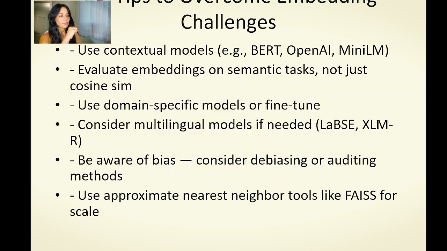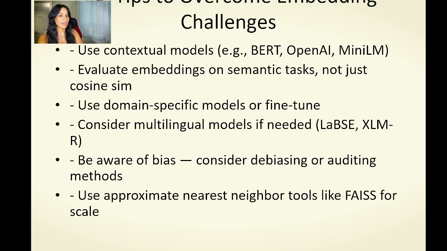One last tip I'm going to share, on how to overcome these challenges, is to use contextual models like BERT for sentence-level meaning. Evaluate on real tasks, not just cosine similarity.